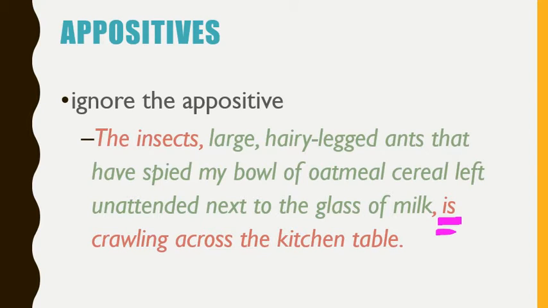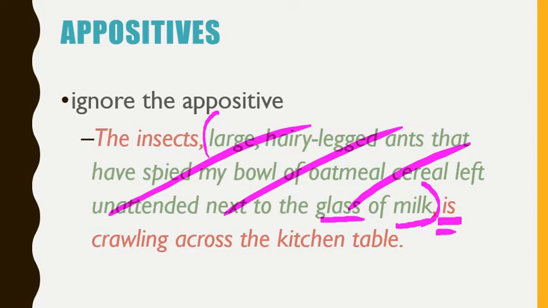Someone who's not very grammar conscious might look just in front, at "glass of milk," think "milk is," "glass is," and determine that this is the proper verb. But if you're grammar conscious, you would recognize this appositive phrase and ignore it, and see that your main sentence is "the insects is crawling." And you would say, oh no, it's not "the insects is crawling." We would have to say "the insects are crawling," right? So that's the important thing about appositives.